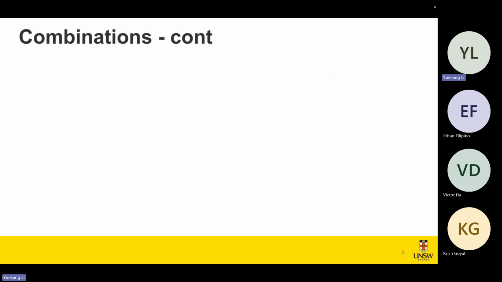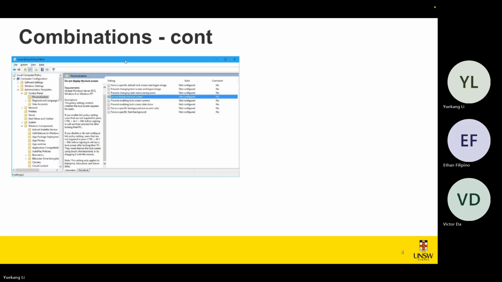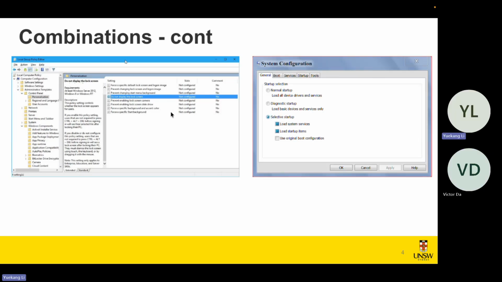And there could be other forms of combinations as well. Let's see this one. This is actually a registry of a Windows application, and you can see here there are some system configurations as well. Software is not just running with user inputs, it is running inside some environment, right?